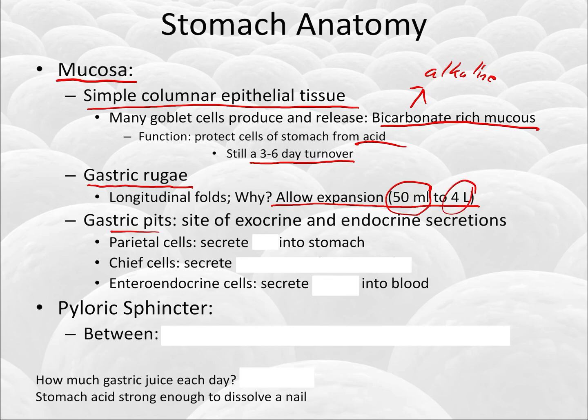Then there's the gastric pits, which are the site of exocrine and endocrine secretions. In those pits, we have 3 main cell types that are important to know. The parietal cells secrete hydrochloric acid. Chief cells secrete a zymogen called pepsinogen, which is important for breaking down protein.